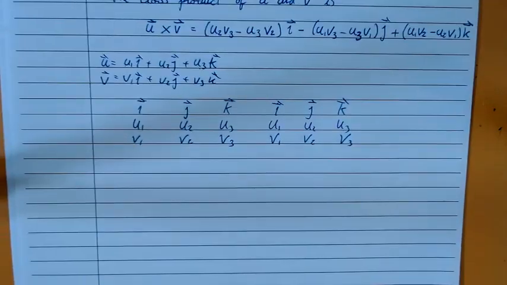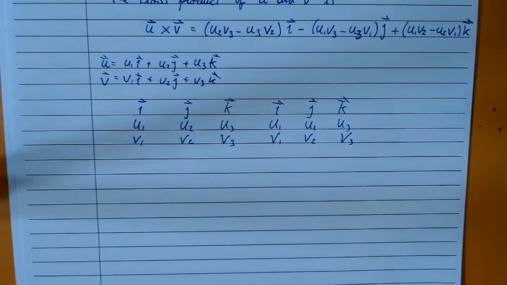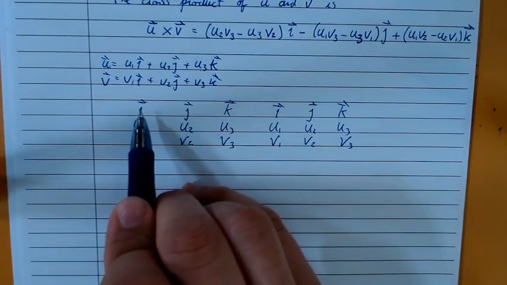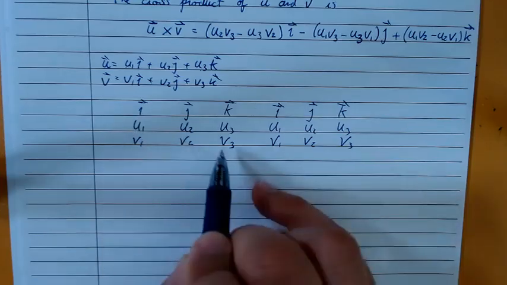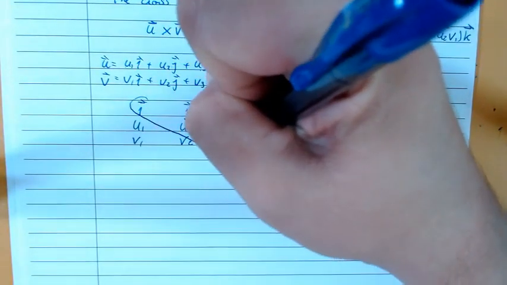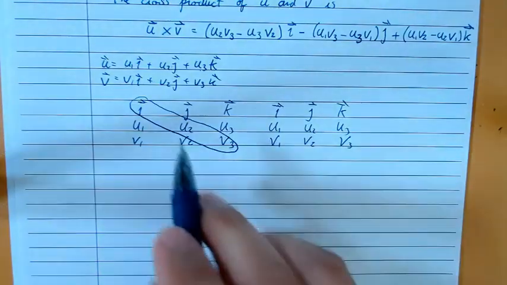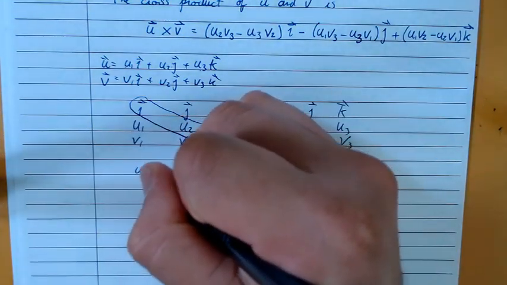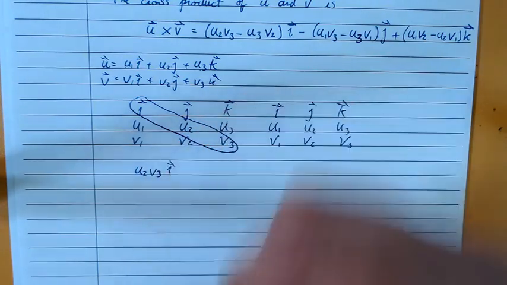Okay, so now what? Well, now we're going to multiply. Starting from here, we're going to take diagonals, going down and to the right. So here we're going to multiply these 3 items together. So this is u2 v3 times i. So u2 v3 i.